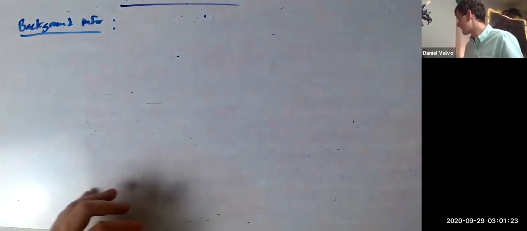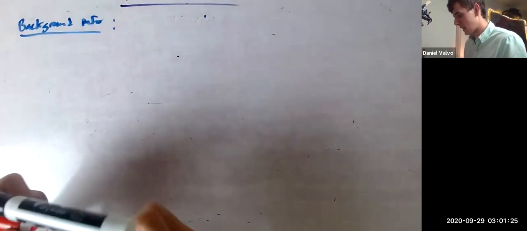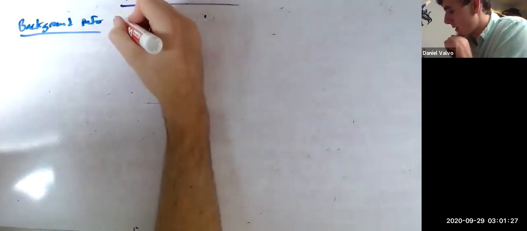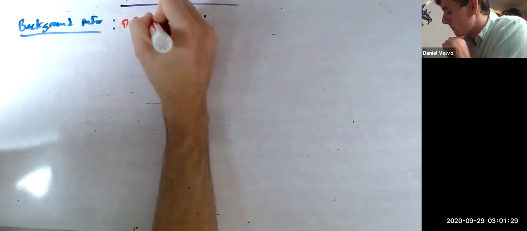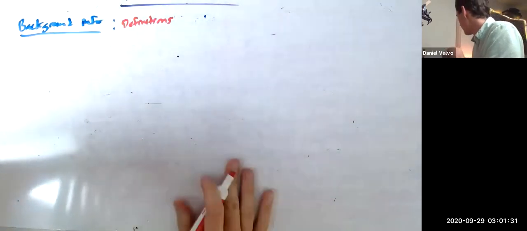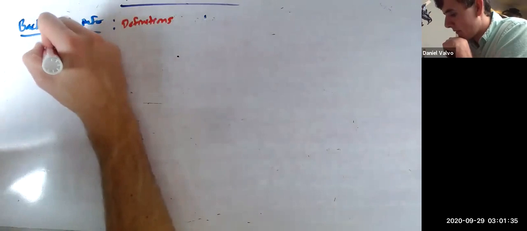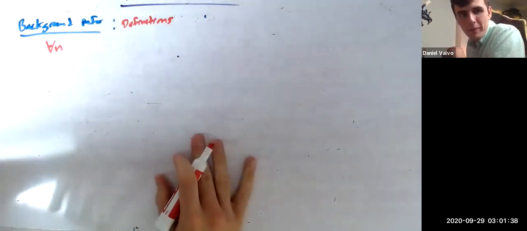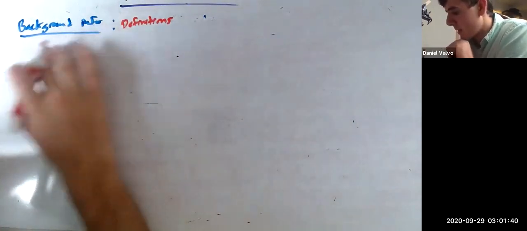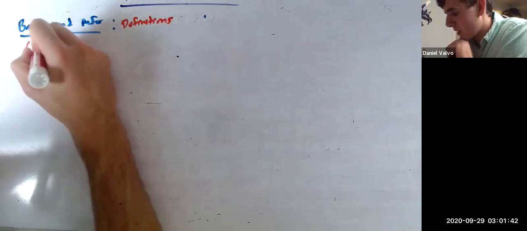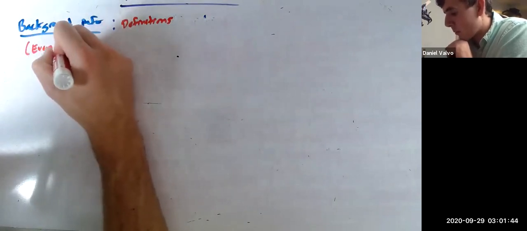So they're important sets. Now let's do definitions. Definitions. All right. So this is going to be our definition of even numbers.